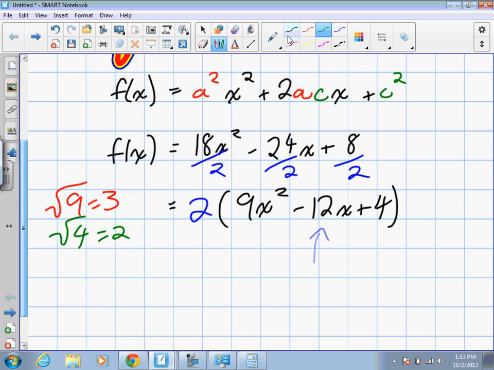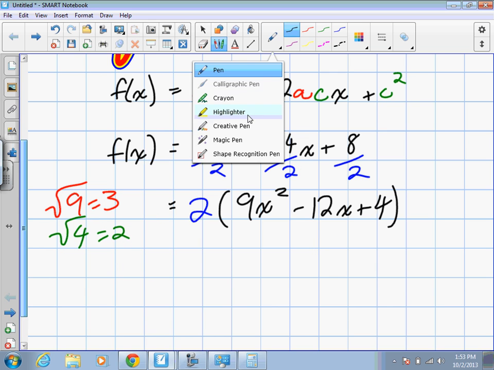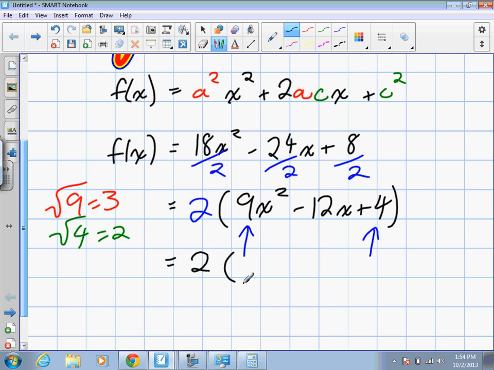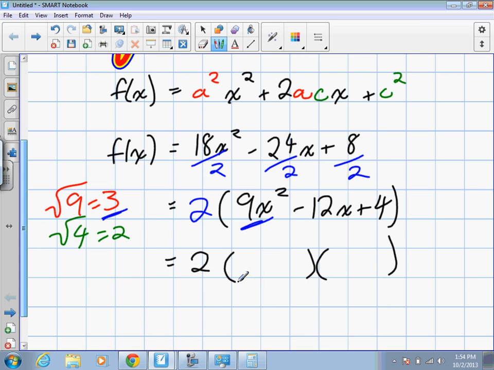So, first of all, whatever is here is going to let us know the term that's going to be in both brackets. So what we can do is we can just square root the first term and the last term, and we'll find our factors to this. So we keep our 2 on the outside. The first term that we square rooted, this term here, will be the first term in each bracket. So it's 3, and of course we attach an x to it.